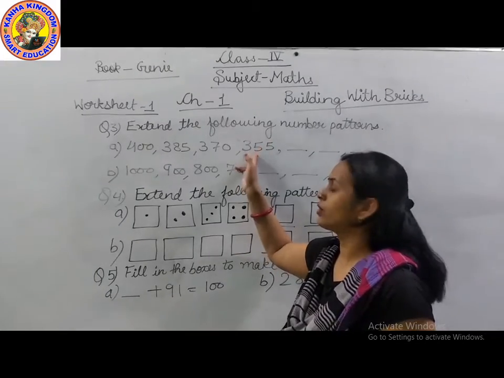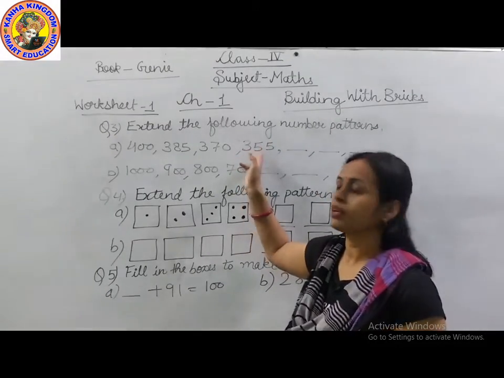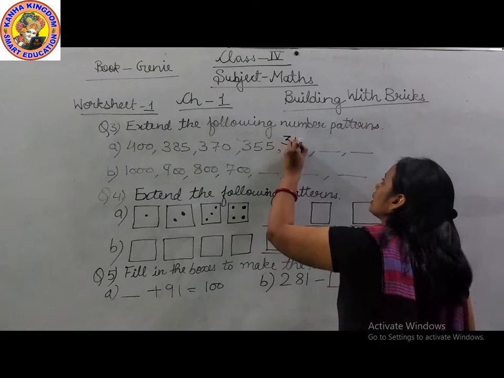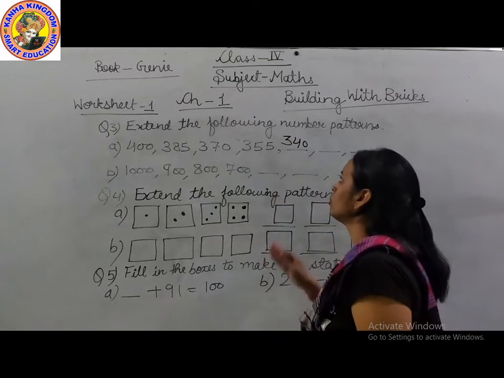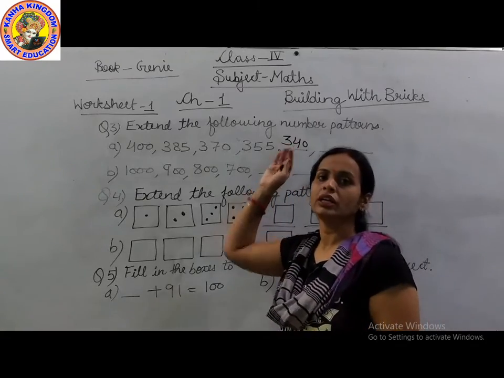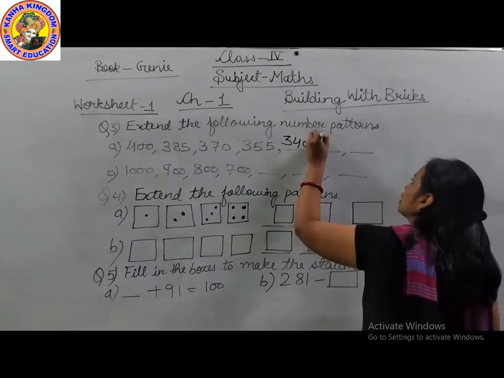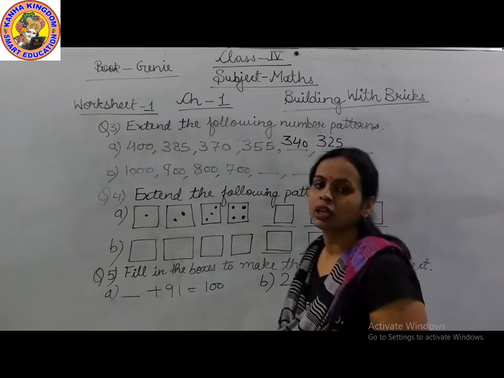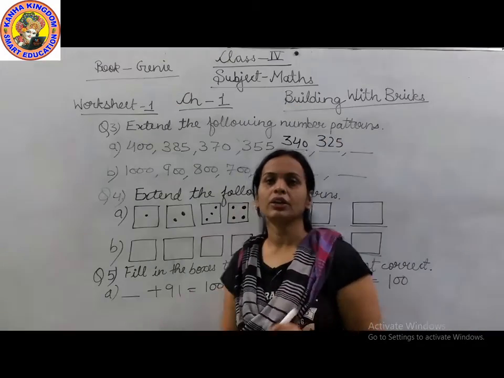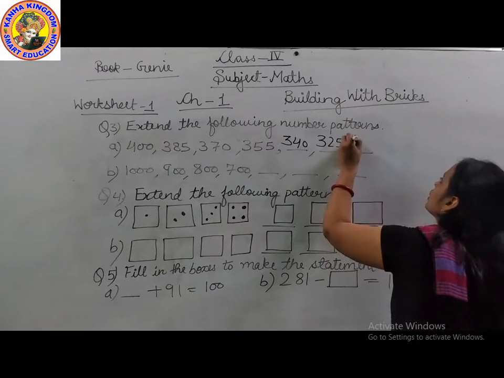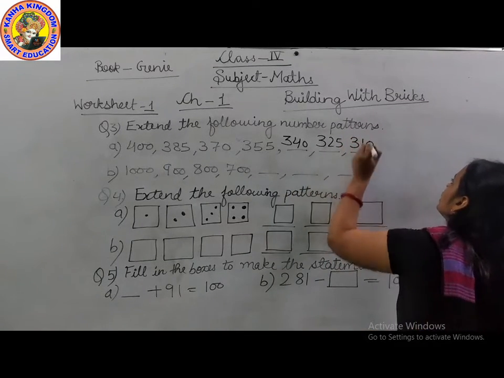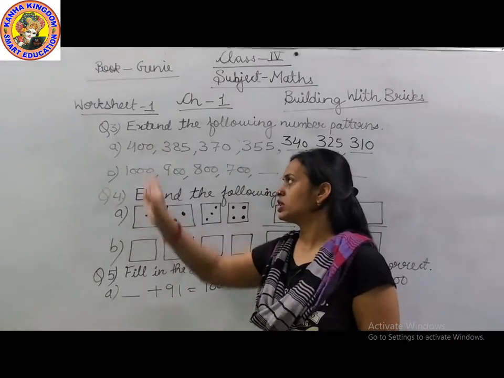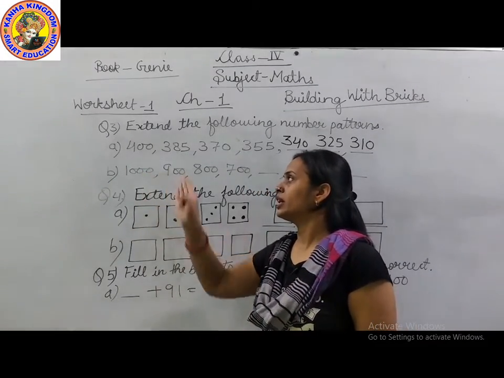Now 355 minus 15 equals 340. Now 340 minus 15, 325. Now 325 minus 15, 310.